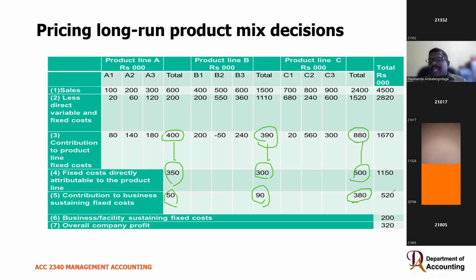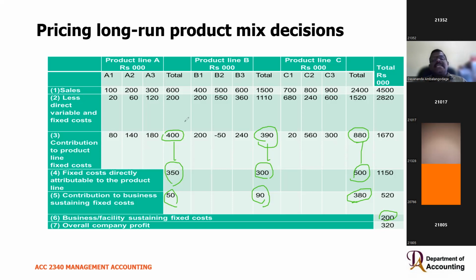This is each product line's contribution, and you may have corporate headquarters fixed cost. The business facility sustaining fixed cost is 200. So your business really ends up with 320 overall profit.